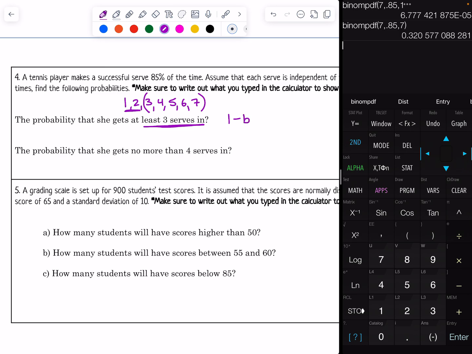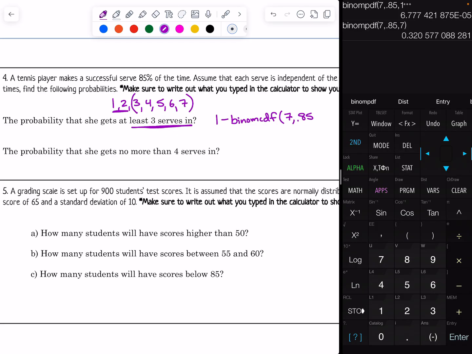So 1 minus binom CDF. And we still have the same number of trials, which was 7 serves. The 85% is still the same probability. But then we're subtracting out the probability of the 1 or 2 serves.